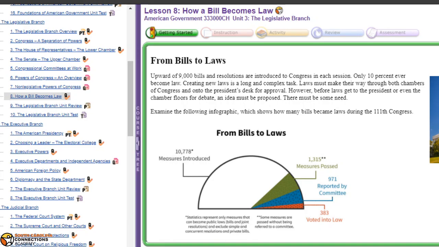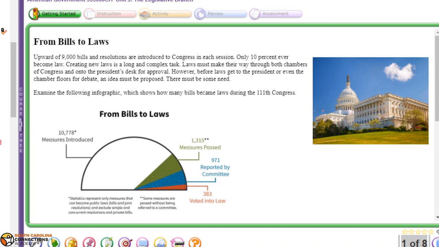All right, now back to the Connexus lesson for a quick walkthrough of what you're doing today. From bills to law: up to 9,000 bills and resolutions are introduced in Congress each session. Only 10% are ever created laws, probably even less now because of divided government. Laws must make their way through both chambers of Congress and onto the president's desk for approval.